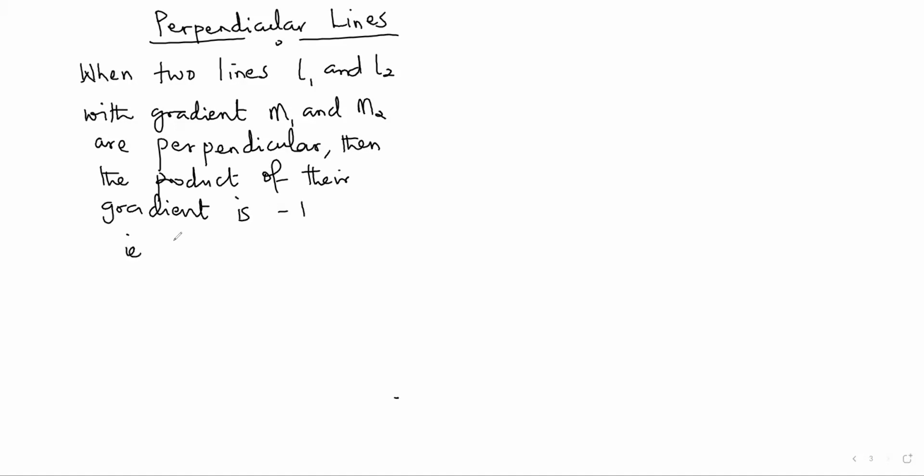So that is your M1 times your M2 will be equal to -1. That's for perpendicular lines.